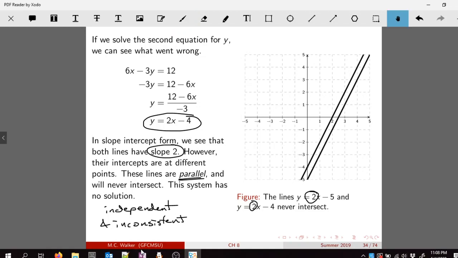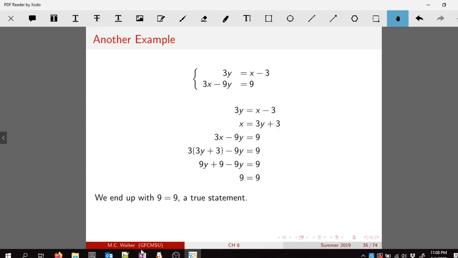Let's do another example. 3y equals x minus 3, and 3x minus 9y equals 9. We can take this top equation and add 3 to both sides to get x equals 3y plus 3. Then we'll substitute into the other equation.